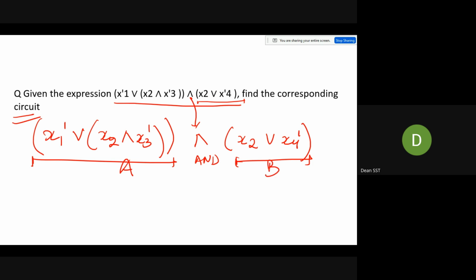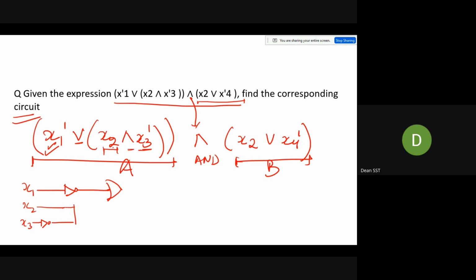Fine, class. Okay. Now what you need? x1 ka bar. So x1 is one of the input. You need x1 ka bar. Or. So you need OR gate. Now you need x2 and x3 ka bar.